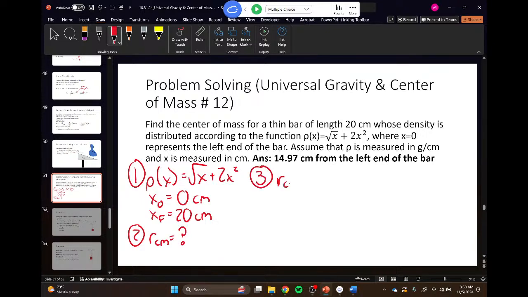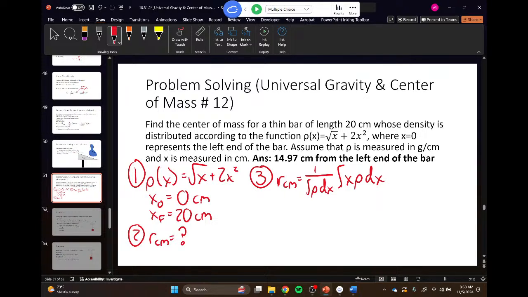And we have a very handy equation that I've given you all that relates the center of mass to density, which is 1 over the integral of rho dx times the integral of x rho dx. And again, don't lose track of what you're doing. Don't just do math for the sake of math.